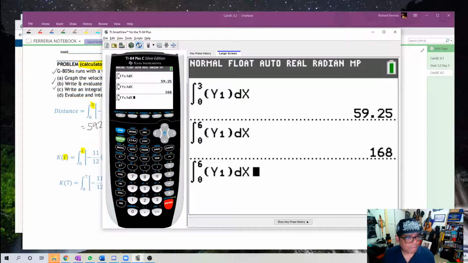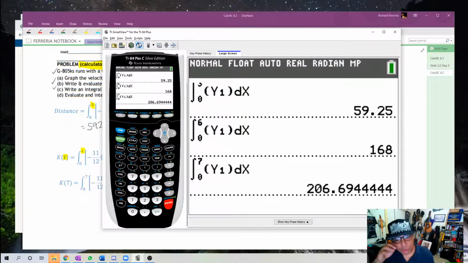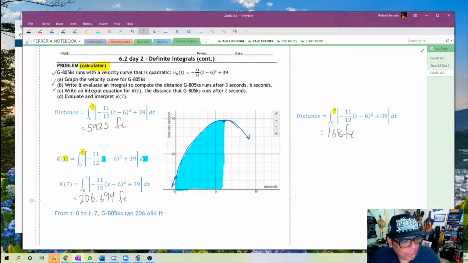We get our integral from a copy and paste, change that 6 to a 7, push enter, and we get 206.694. So from t equals 0 to t equals 7, G805KS ran a total of 206.694 feet. Now that's not an approximation anymore. That's the exact value, or that's the exact value if that curve is correct.